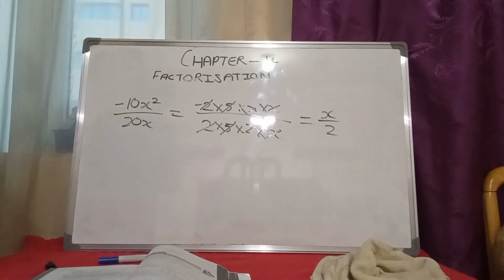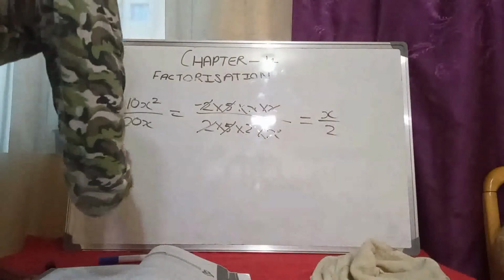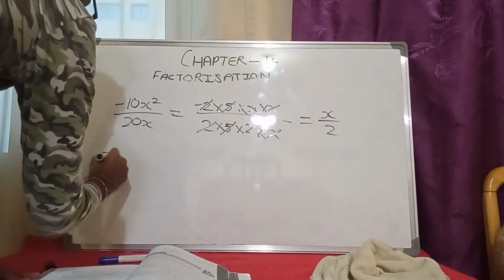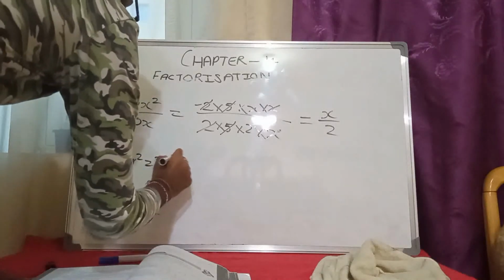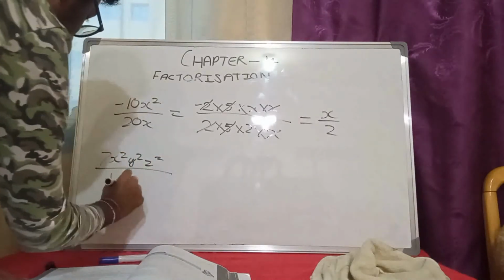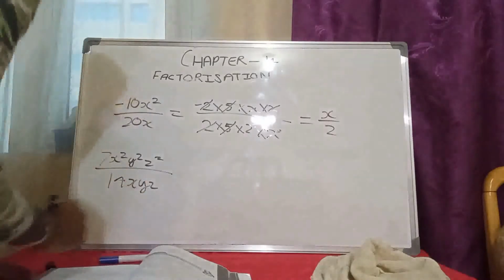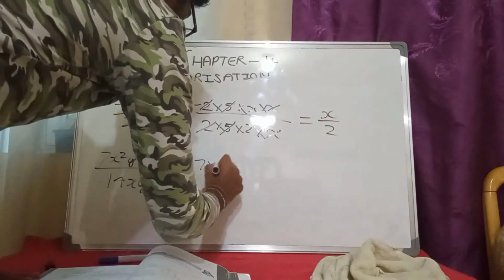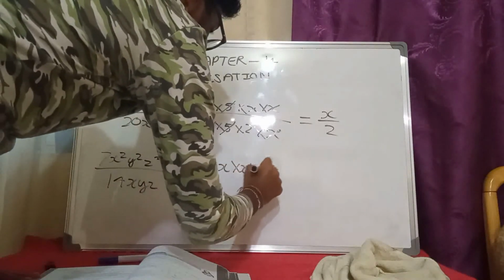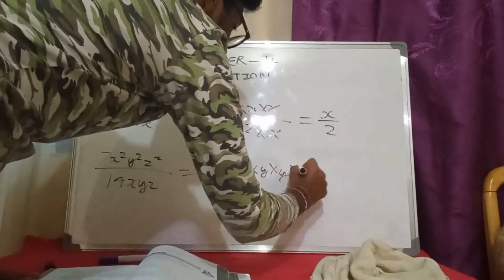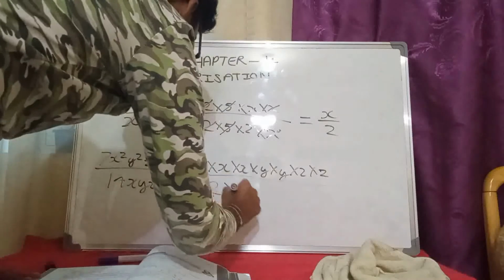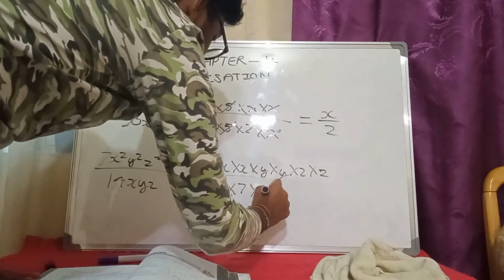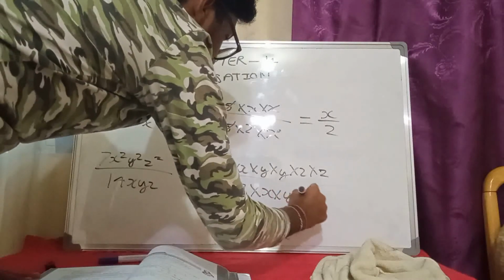Now for example, another question we can take is 7x square y square z square divided by 14xyz. So here we can write 7 into x into x into y into y into z into z divided by 2 into 7 into x into y into z.